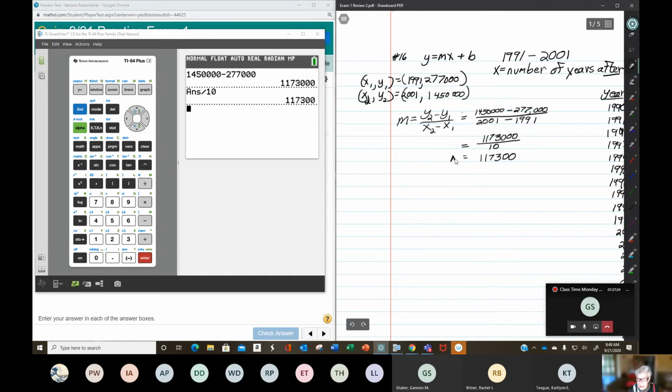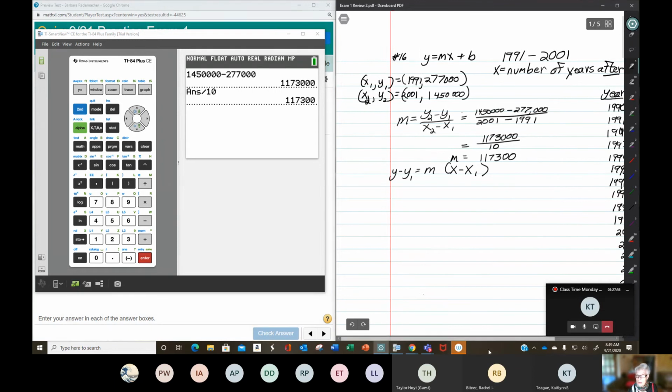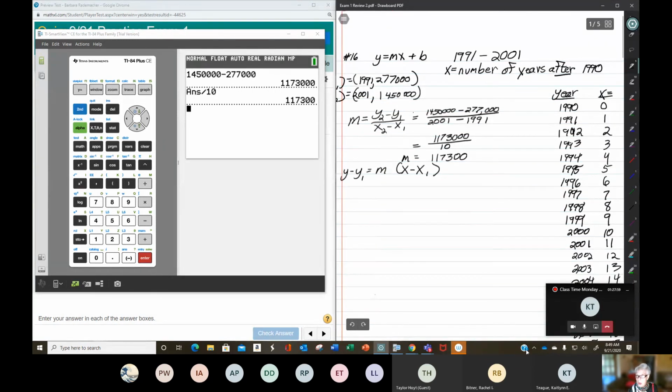Okay, that's M. Now, we need y minus y1 equals m times x minus x1. And now we're being told to use these numbers for the years, and that will make it easier. So 1991 is year 1.